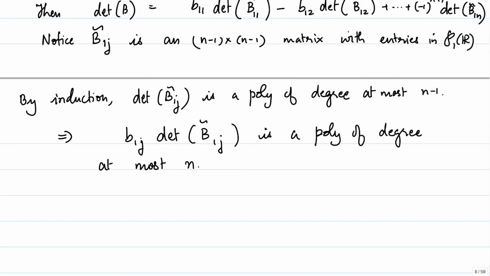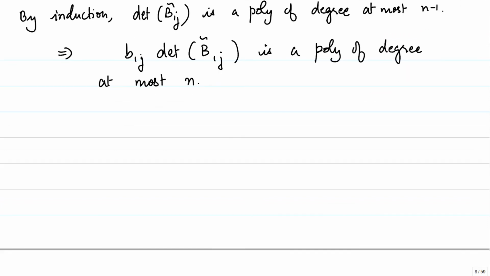Why is that the case? Because B1j has degree at most 1, and the determinant of B1j tilde has degree at most n minus 1. The product of two polynomials will have the sum of the degrees of the two polynomials, so it will be at most n. And Pn of R is a vector space. So if you add polynomials of degree less than or equal to n, we have a polynomial of degree less than or equal to n.